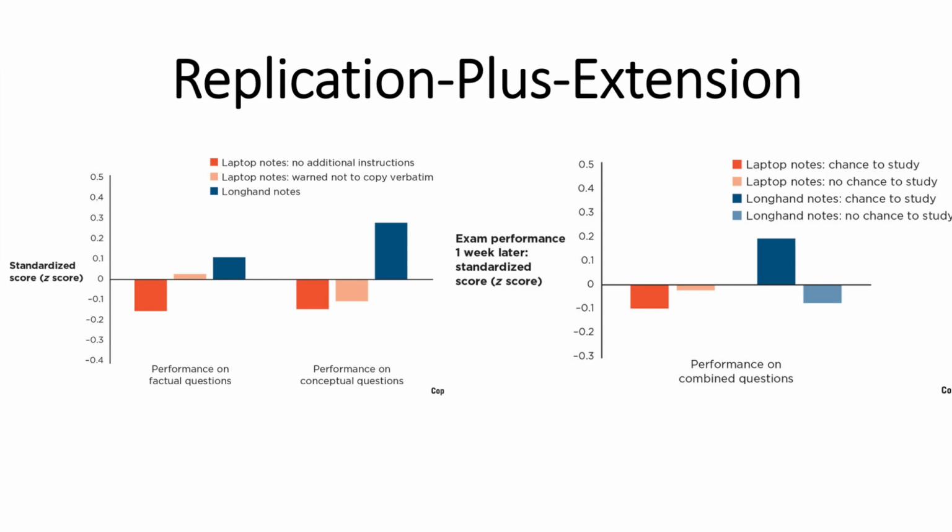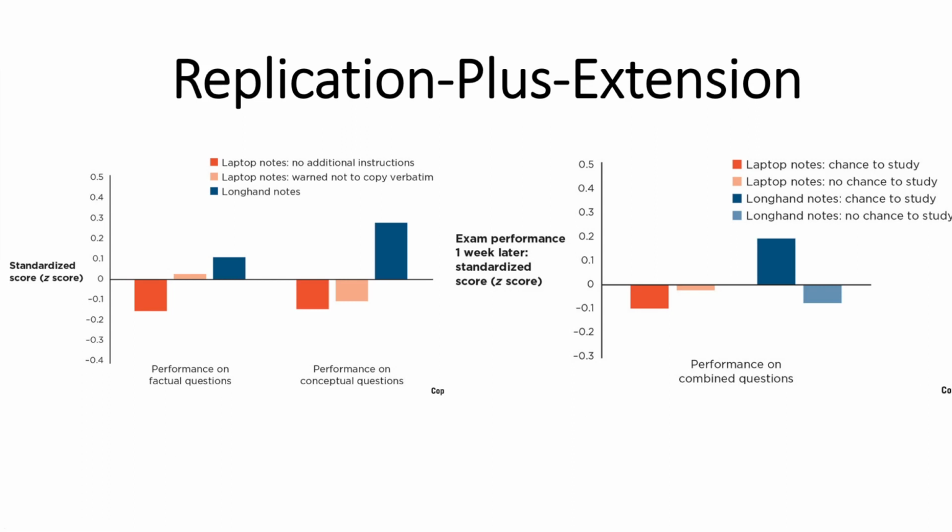They had looked at how they answer factual questions versus how they answer conceptual questions. And we had found that the longhand notes were beneficial for conceptual questions. So the people who took handwritten notes answered more conceptual questions correctly.